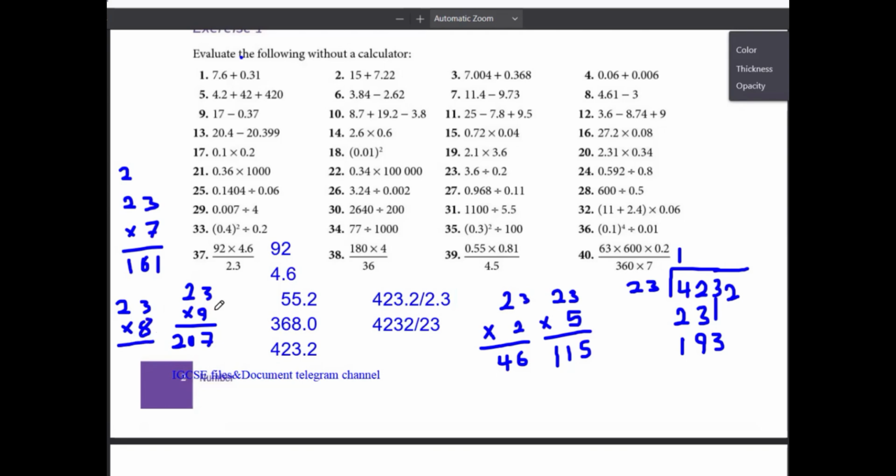Okay, so you just multiply 8 times 3, which is equal to 24, 4, and you carry over 2. And then 8 times 2 is equal to 16, and 16 plus the 2 is equal to 18. So by 8 is smaller and by 9 is bigger. So we're going to take what? We're going to take by 8, which is equal to 184.